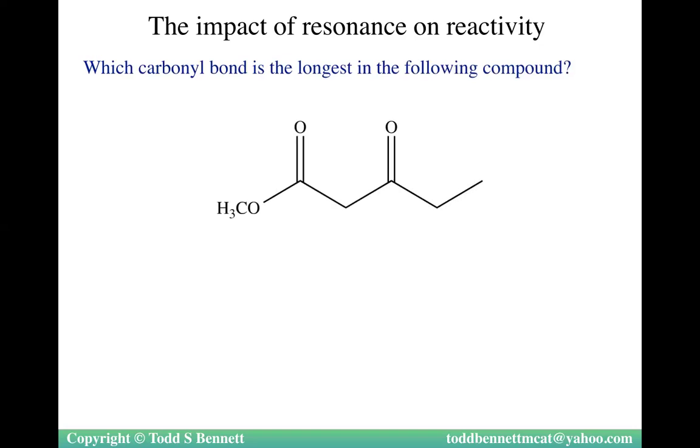Okay. Besides predicting reactivity, it can also predict bond length. So which carbonyl is the longest in the following compound? Again, this is a question of resonance. You don't recognize it at first, but it is. So I'm going to draw lone pairs on various O's, and I'm going to look at any situation where there's a lone pair next to an atom in a double bond.